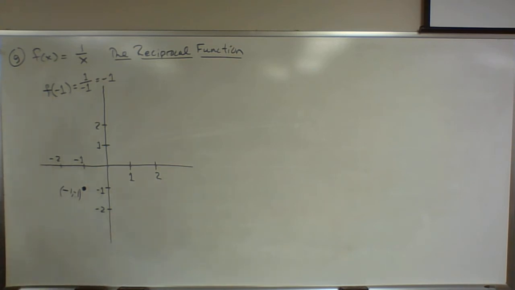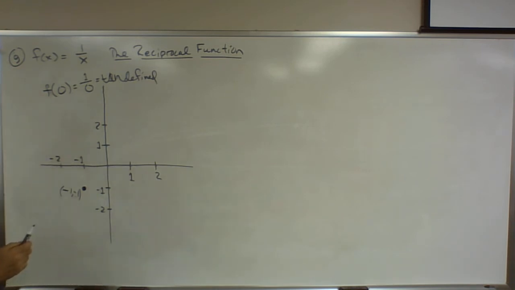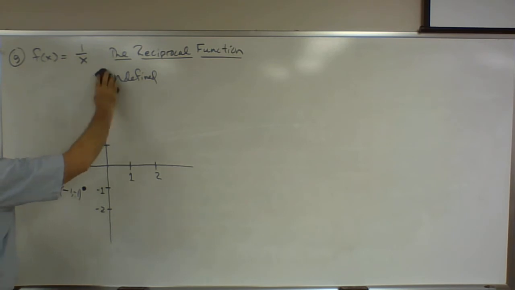Now the next point that we want to try is 0, but oh, look what happens when we try 0. Whoops, undefined. So apparently at x equals 0, there's no point on this graph. Okay.